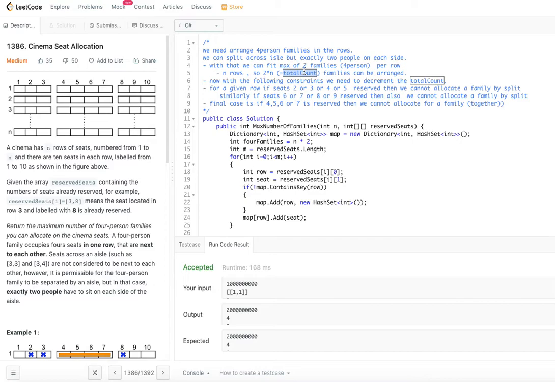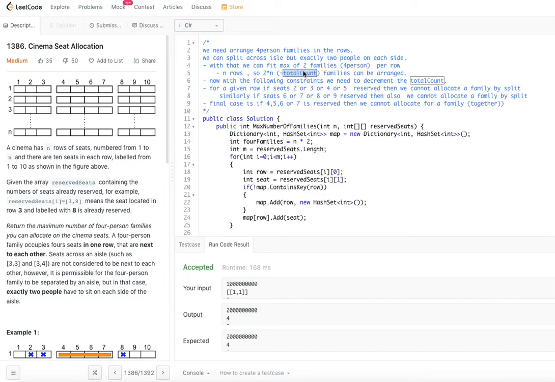Now we have to keep decrementing this count if we are not able to make a 4-person family sit in one of the rows.